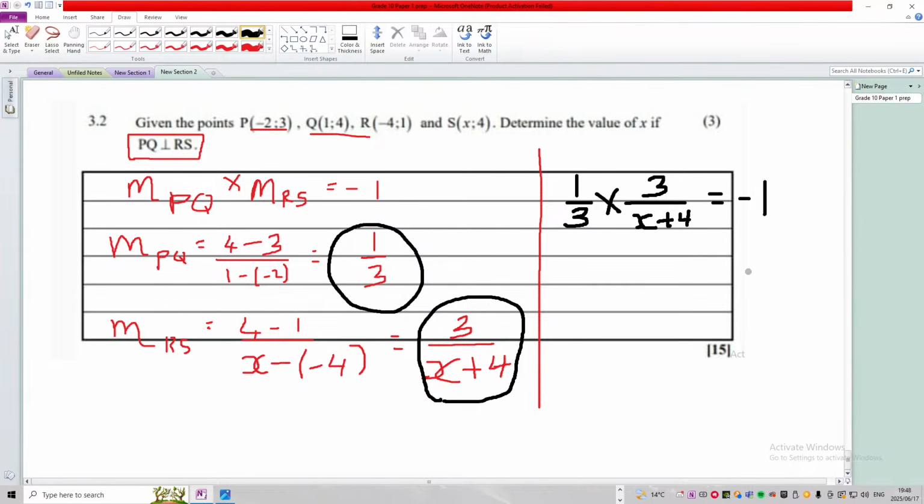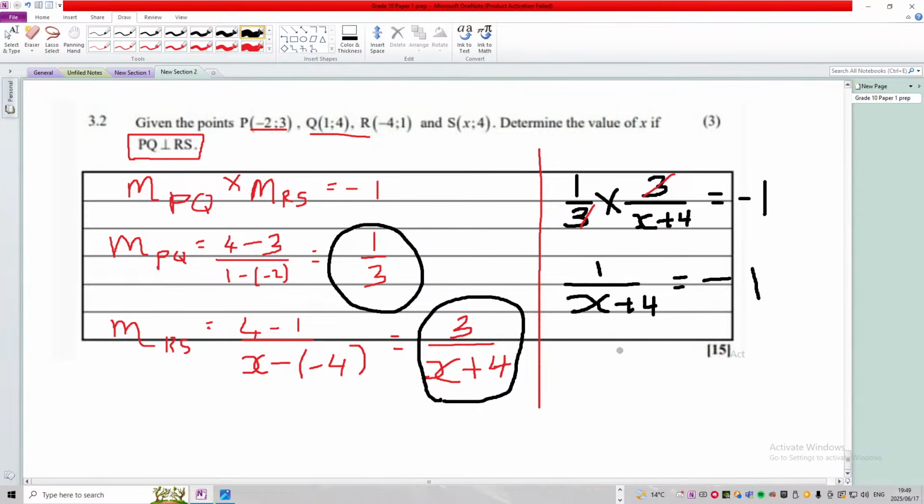You see, I am creating an equation from the information and the knowledge that I have. This 3 will cancel out to that 3 there, and I'll be left with 1 over x plus 4 equals -1.